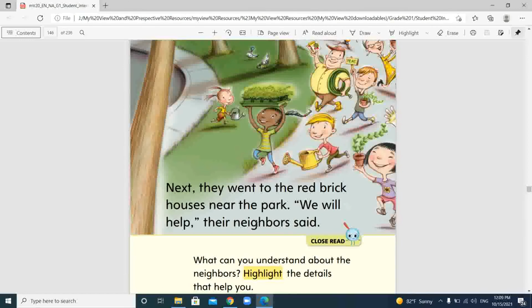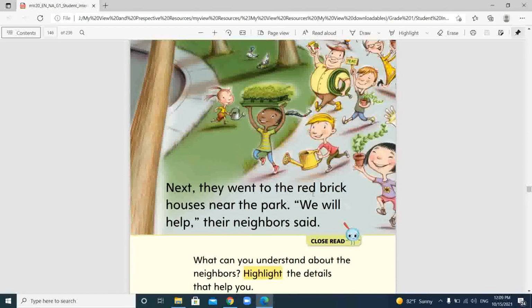So how do I know that they said? It says here in the line, we will help, their neighbor said. So it shows you that the neighbor said they will help them. Okay, what word did the author use to describe the houses? Go back and read. Next, they went to the red brick houses near the park.